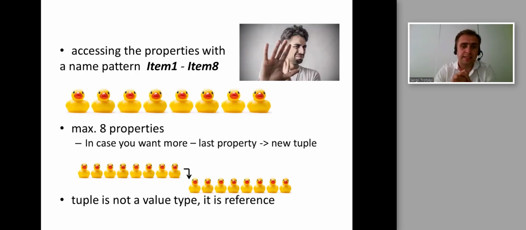We have 8 properties, called Item1, Item2, Item3, up to Item8. It sometimes makes no sense for us, because we cannot know that, for example, by using Item2 we want to retrieve this object or that object. For sure, when we are developing it we know, but later we could simply forget. And the maximum number of properties is 8 as well.